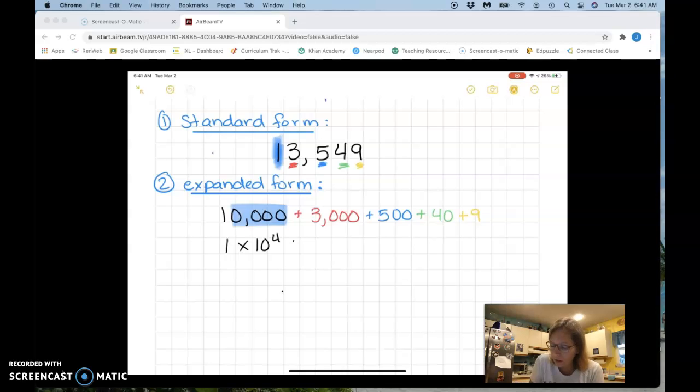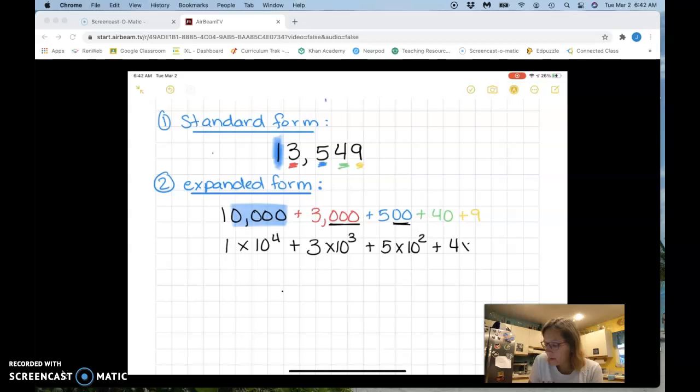All right, and then we're just going to add on all the rest of the numbers doing the same thing. So plus 3 times 10, and here I have 3 zeros, so that'll be to the 3rd power. Plus 5 times 10 to the 2nd power because I have 2 zeros.